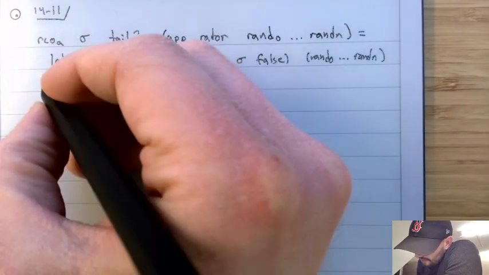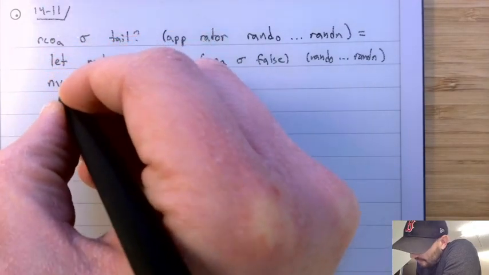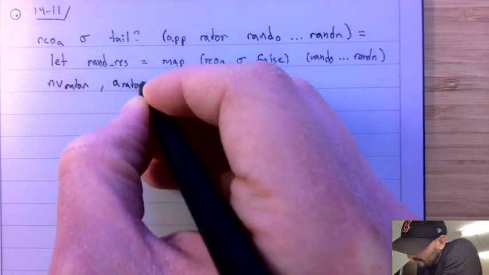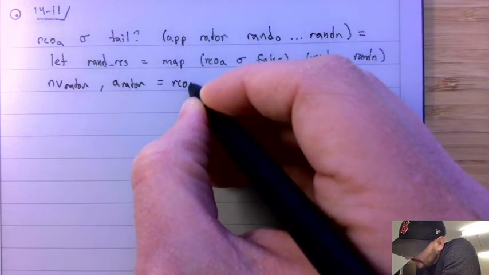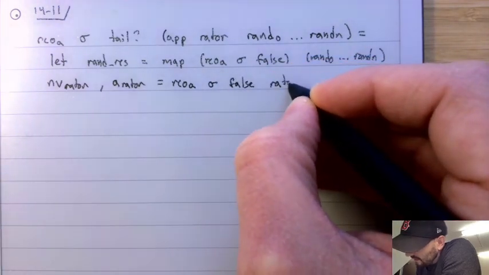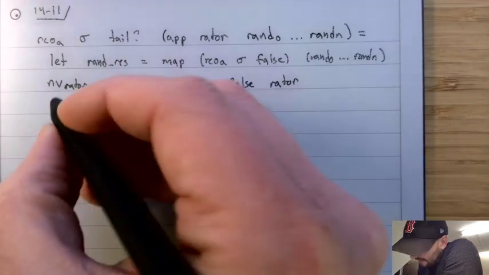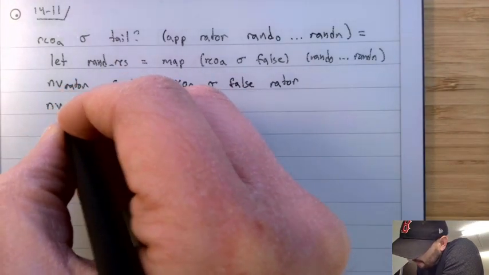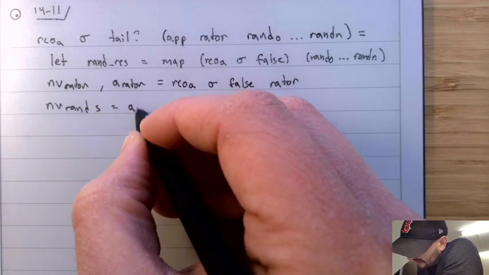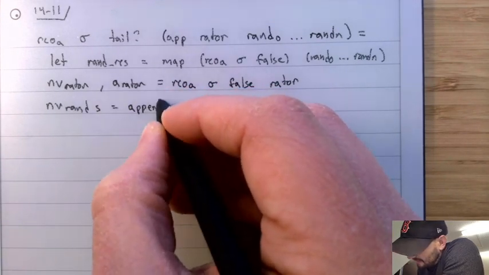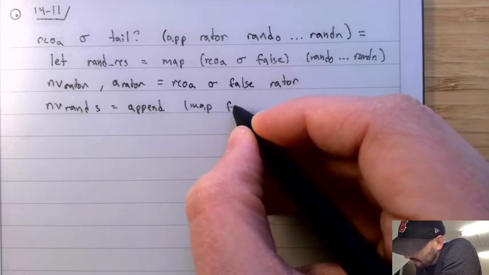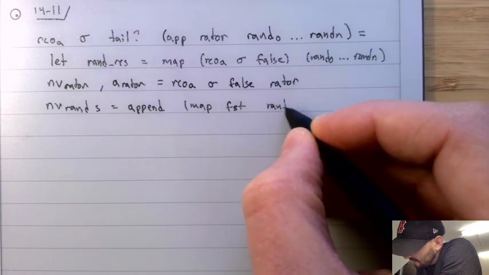Then what we're going to do is we're going to get the new variables for the operator, and we're going to get the argument for the operator when we call RCO A with sigma and false on the operator. Then we're going to get the new variables for the operands, which is basically going to be appending everything that happens when we get the first part of the rand result.